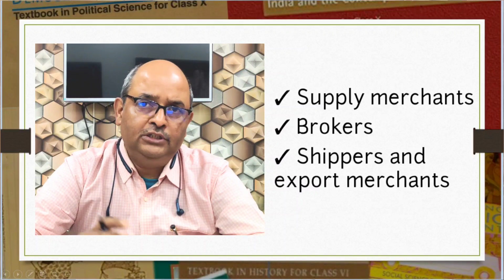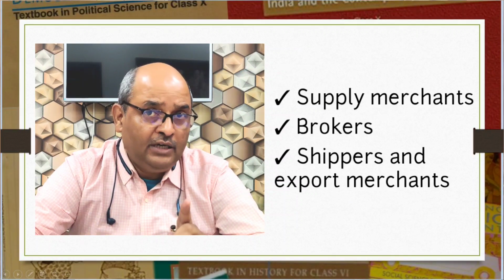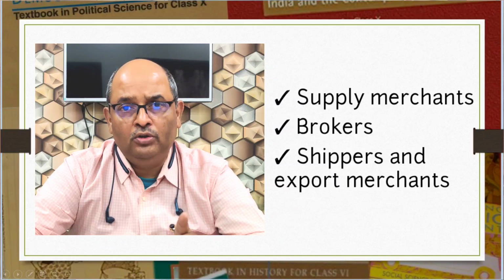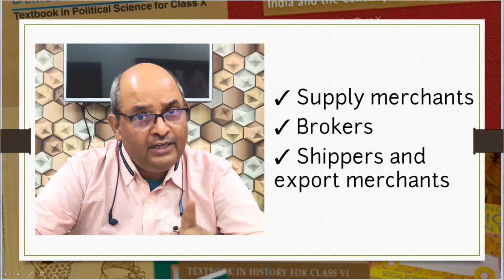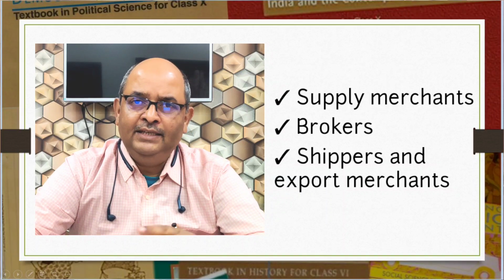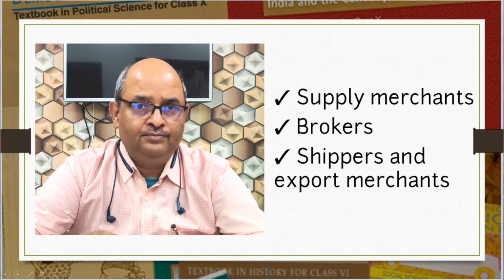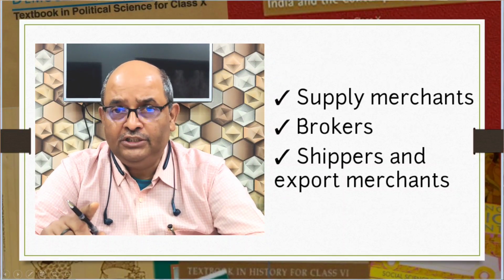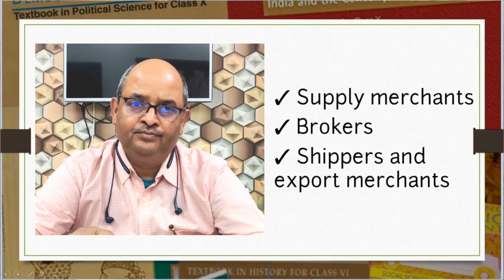He used to visit the weavers. He gave them advance money. He finally procured the woven cloth from them and then carried it to the ports. The next in the chain was the broker. This person worked as an intermediary between the shippers and supply merchants.